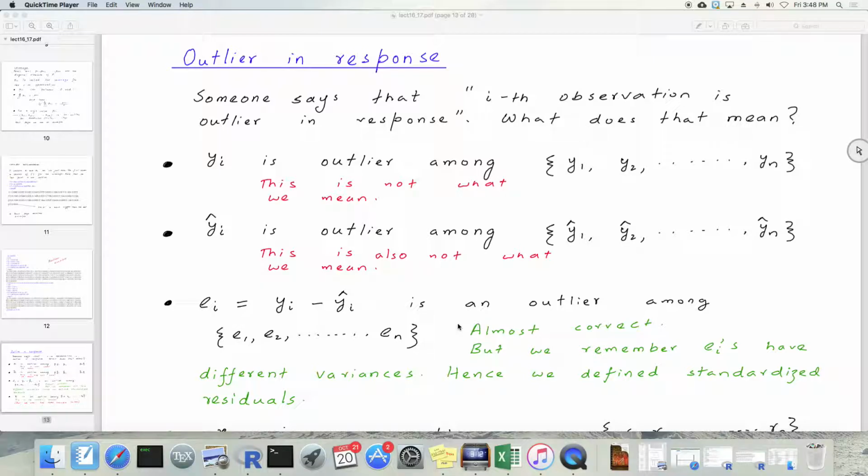If yi is not what it should be, that means yi minus yi hat is big, and by big I mean big positive or big negative. That's ei. Ei is big.